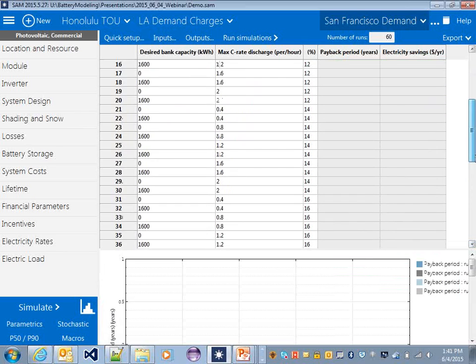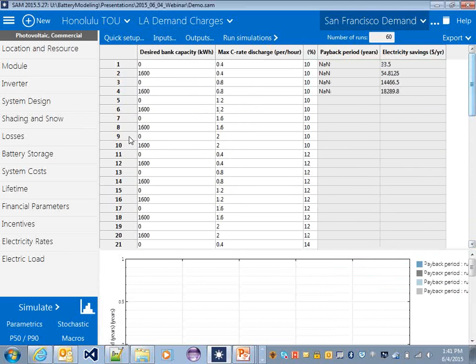So the main takeaway from the current dispatch controller is that there are definitely improvements we'd like to make, but it does give you some ability to begin to explore the search space and understand how you might use your battery to derive some economic benefit.